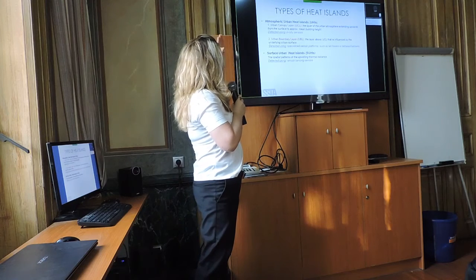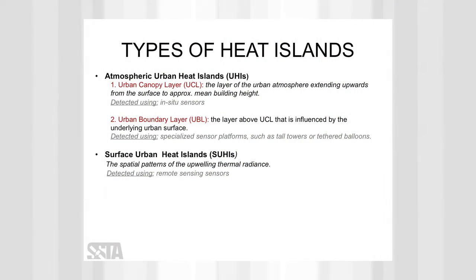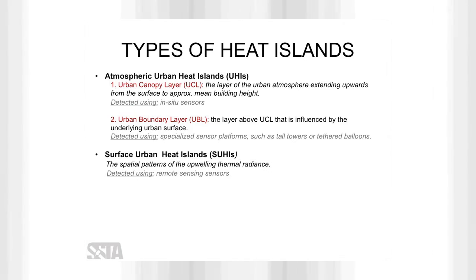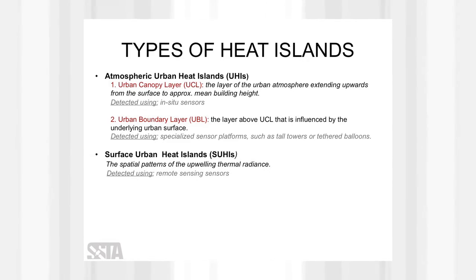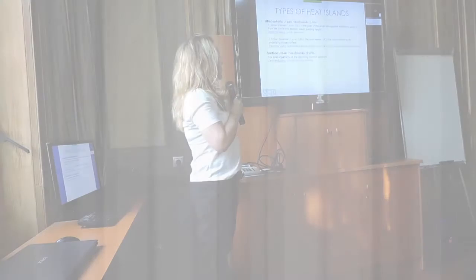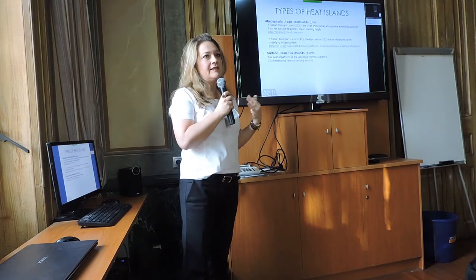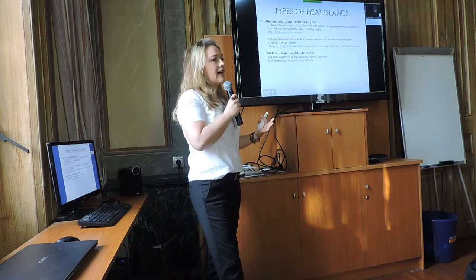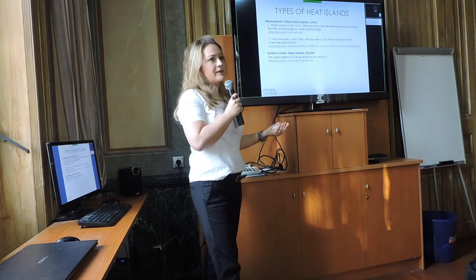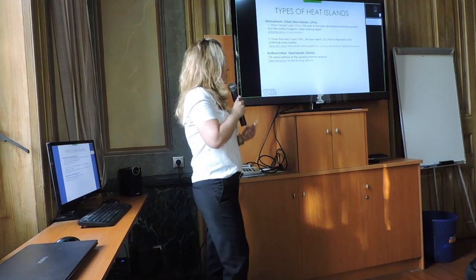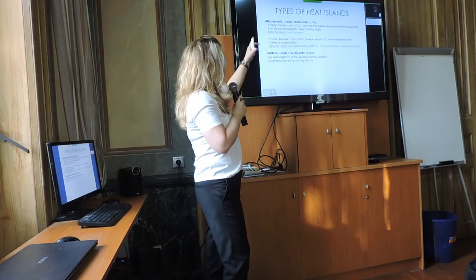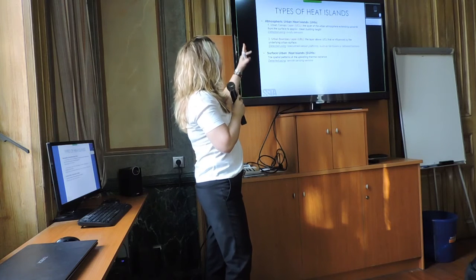In general, when we talk about the atmospheric urban heat island, we talk about the air temperature and the differences in air temperature between the center and the surrounding environment. And when we talk about the surface urban heat island, we talk about the land surface temperature, and how the land surface temperature is higher in the city center compared to the rural or suburban areas. So this is what I want you to remember here.